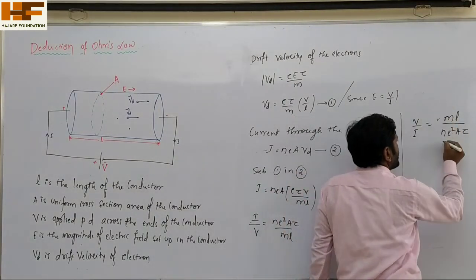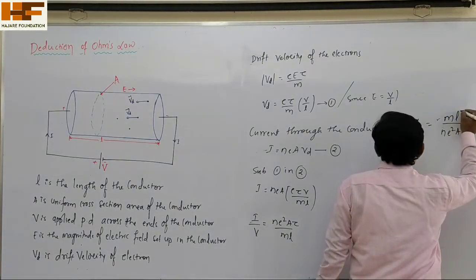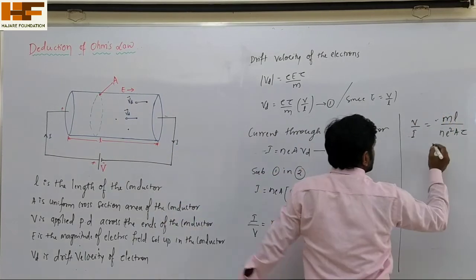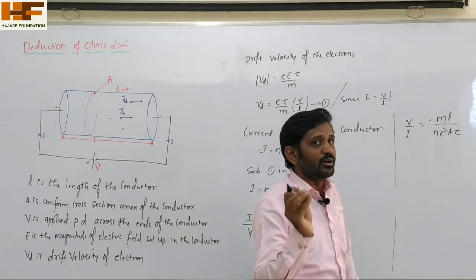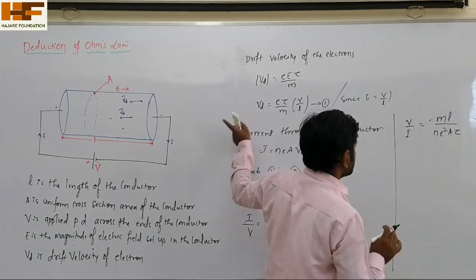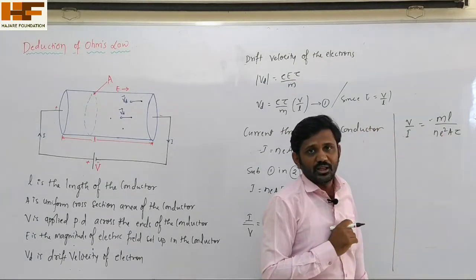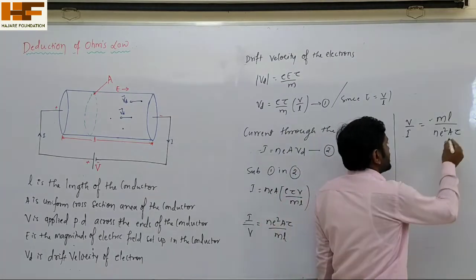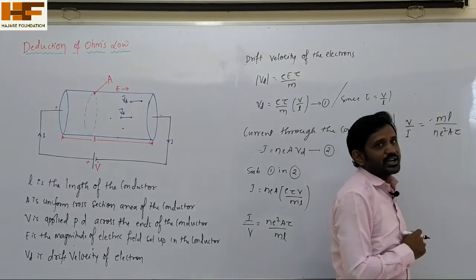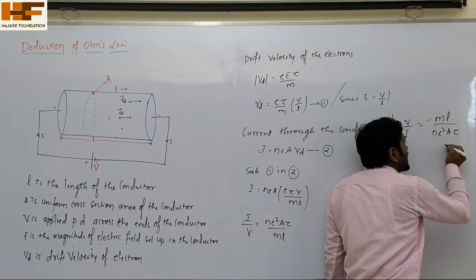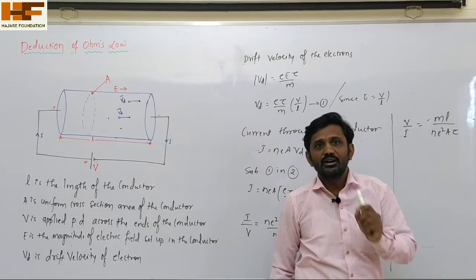Observe this term. Here m is the mass of the free electron, L is the length of the given conductor, n is the number of free electrons per unit volume of the given conductor, e is the magnitude of the charge of the electron, A is the uniform cross-sectional area, and tau is the relaxation time. All these are constant for a given conductor at a given temperature.